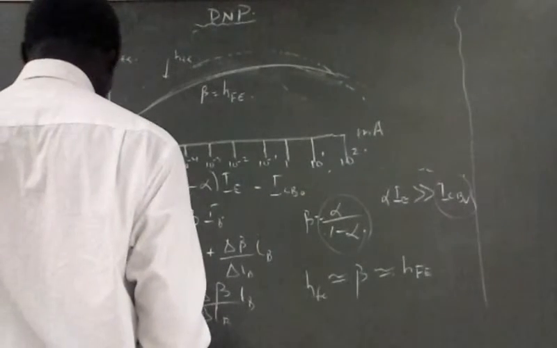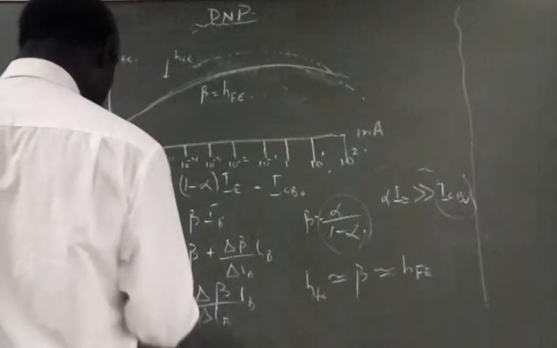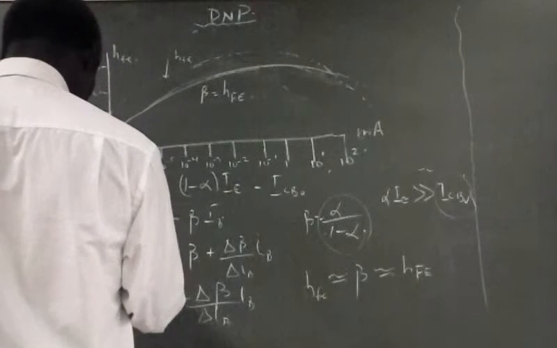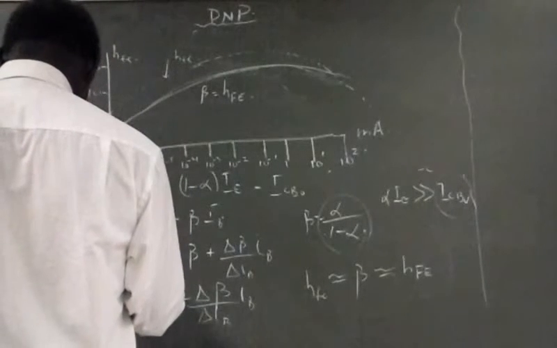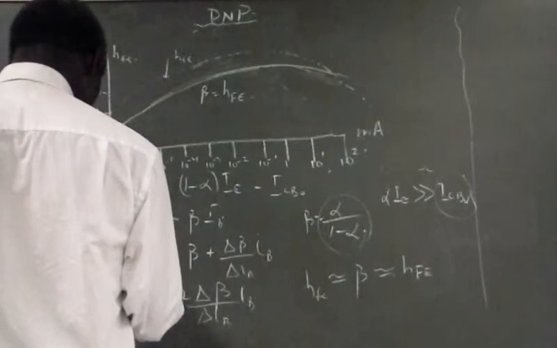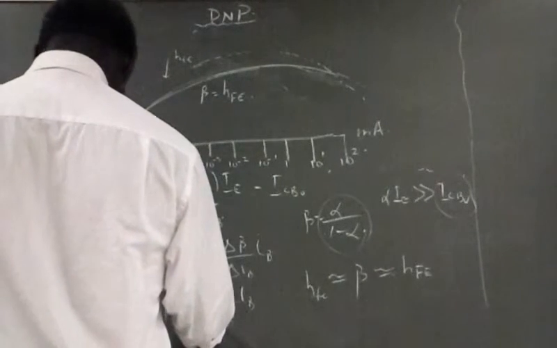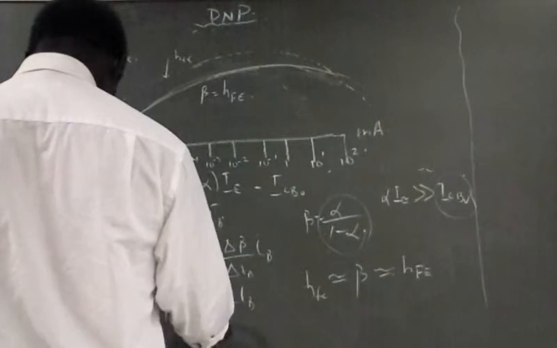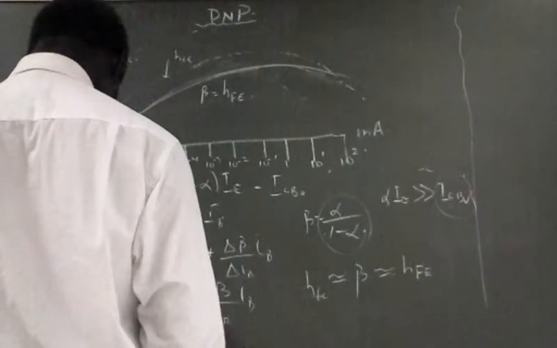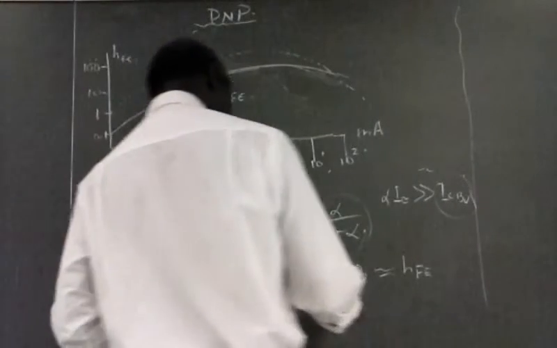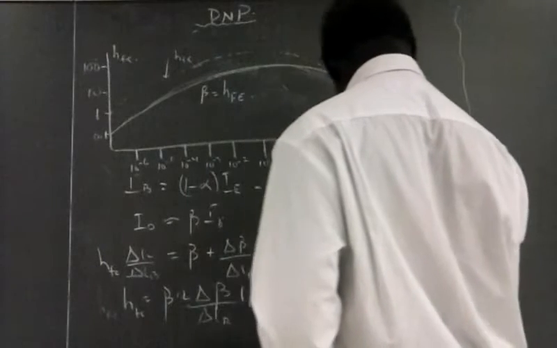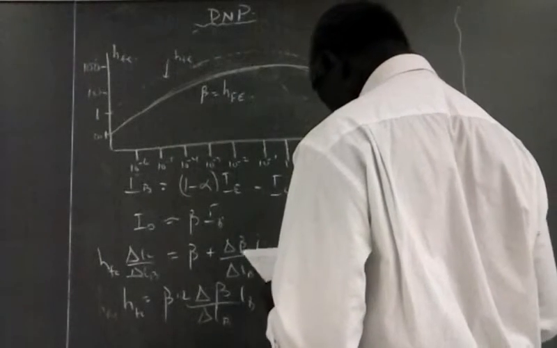If we let delta beta over delta I_B, with I_B small compared with beta, then h_FE is approximately equal to beta.